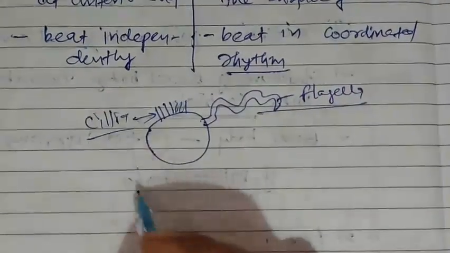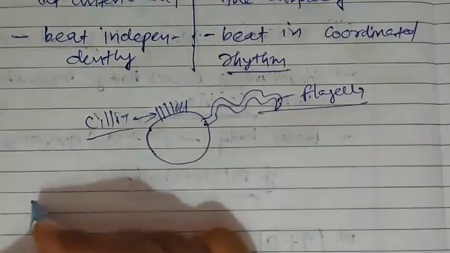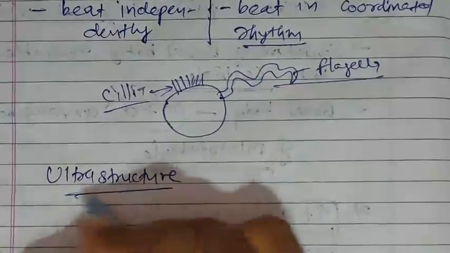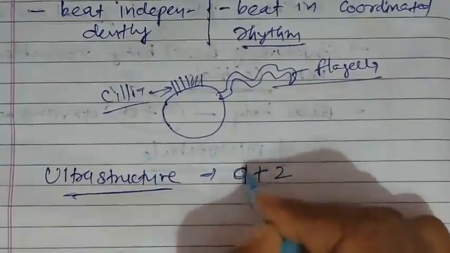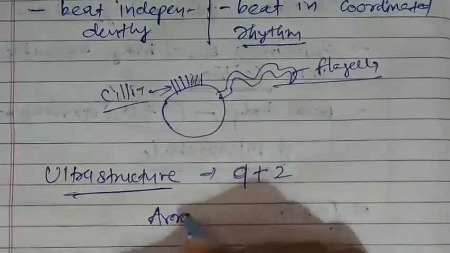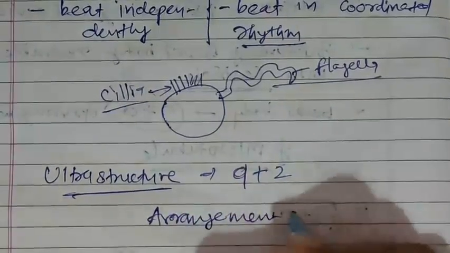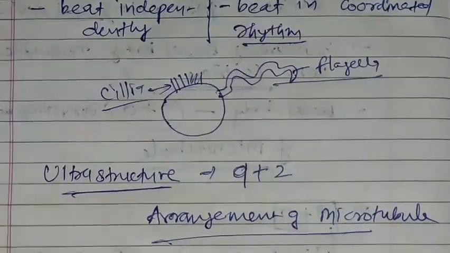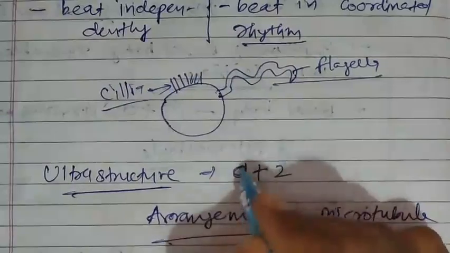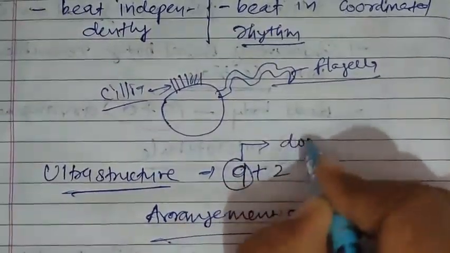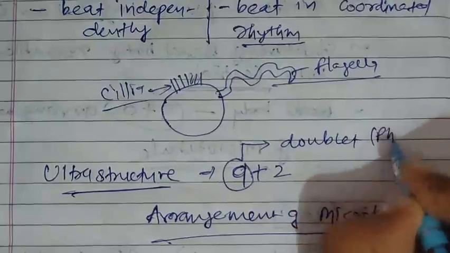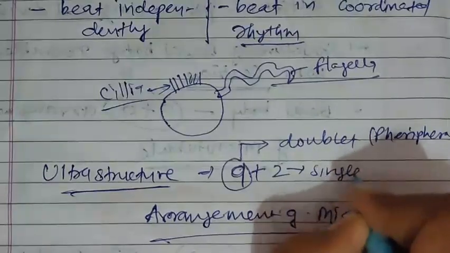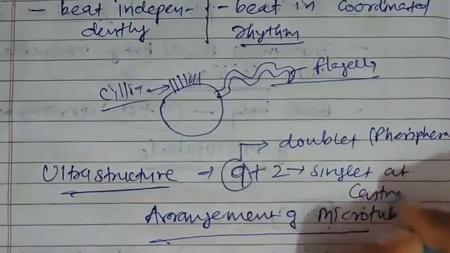And if we talk about the ultrastructure of flagella and cilia, then they have a 9+2 arrangement of microtubules. In this 9 plus 2 arrangement, 9 represent doublets and these doublets are present at the periphery, so they are peripheral, and these 2 are singlets at the center.